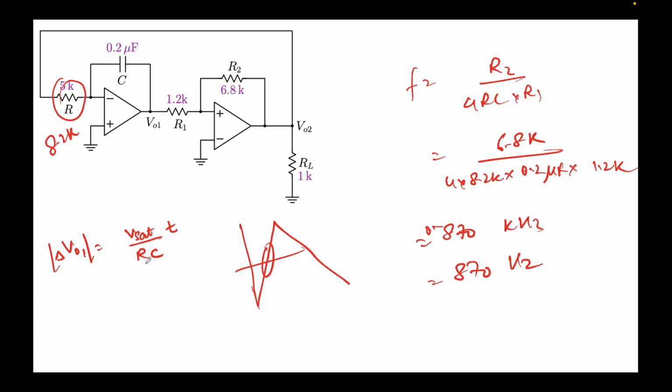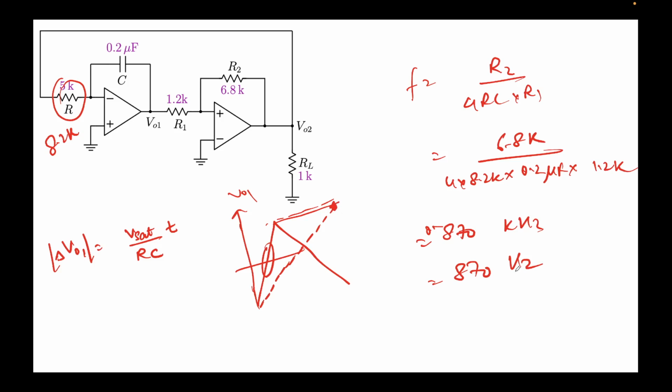So when you increase the resistance, the slope changes, the slope reduces. So rather than going like this, I'll denote it like this, it will go much more gradually, but it has to reach the same point. This is VO1. It has to reach the same point, so it will reach at a much farther time, and hence your time period increases.